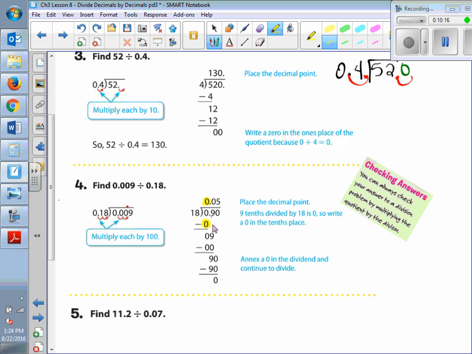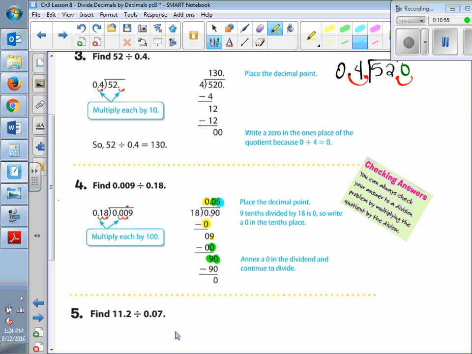We subtract and then bring down the 9. Say that with me? Then 18 cannot go into 9 again, so we put another 0. Okay? 0 times 18 is 0, and then we subtract, we get 9. And then we have to bring down the 0. 18 into 90 is 5. And now 18 times 5 is 90, and we have no remainder.